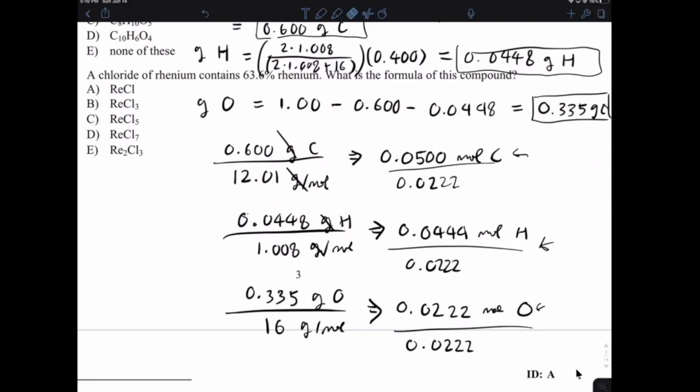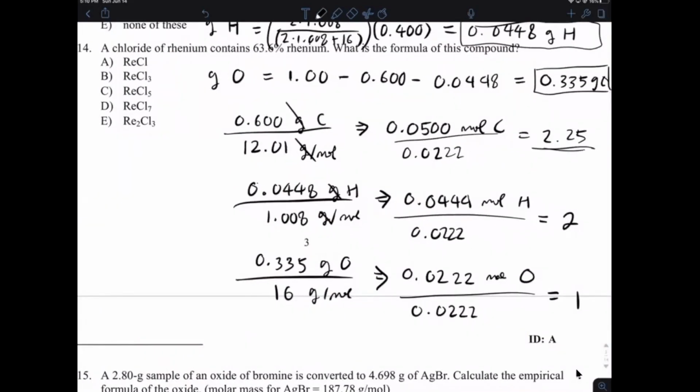And if we calculate that, this is going to be 1 for sure, and this is probably going to be 2. And this is going to be around, looks like, 2.25-ish.